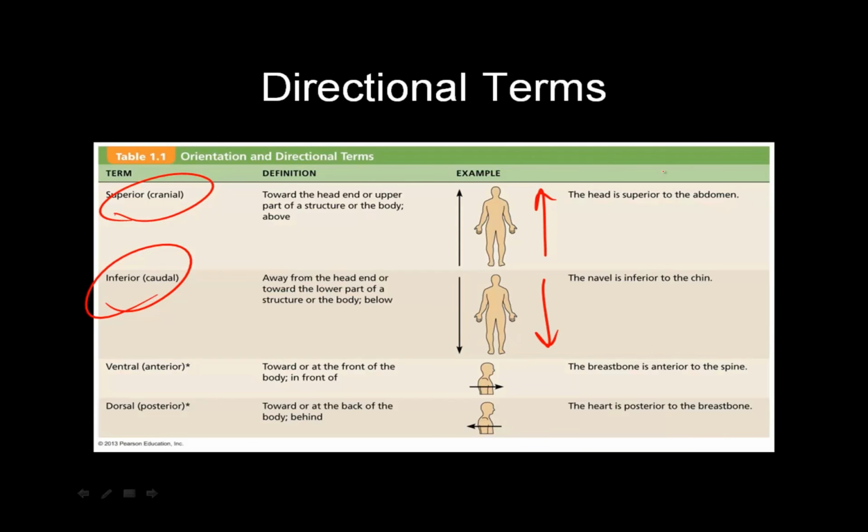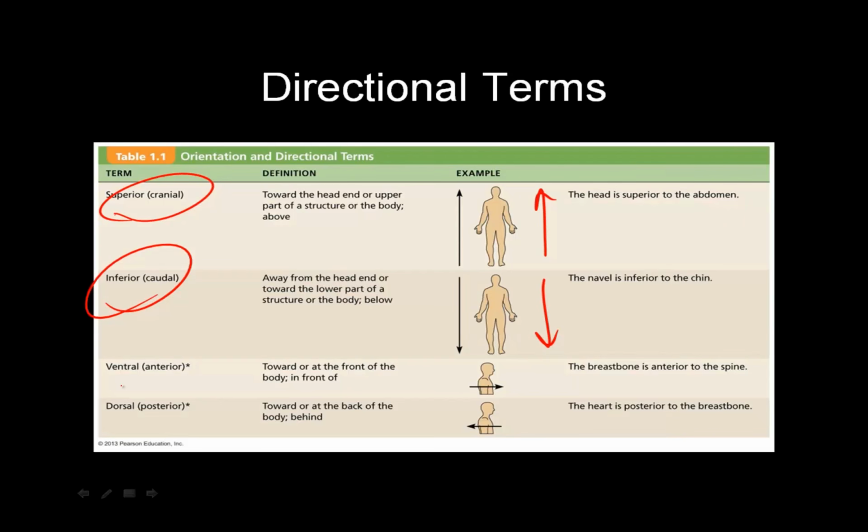If the eyebrow is superior to the eye, that means the eyebrow is above the eye. If the eyeball is inferior to the eyebrow, that means it's below.